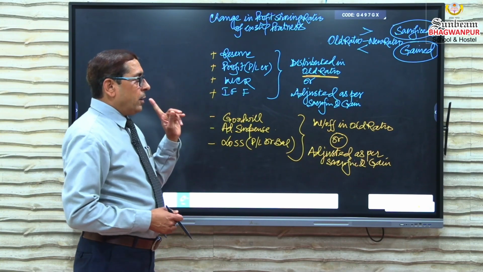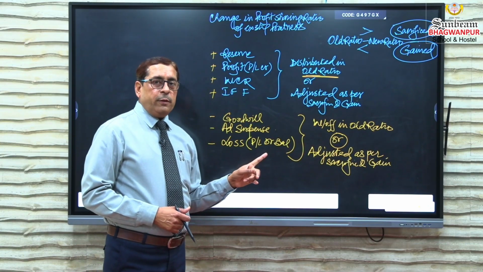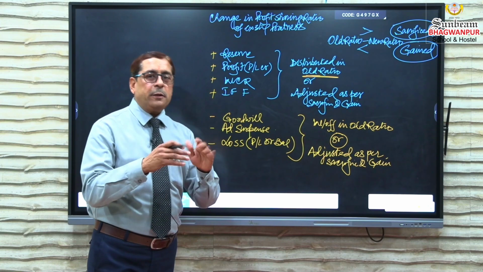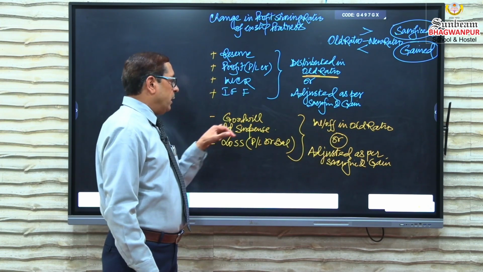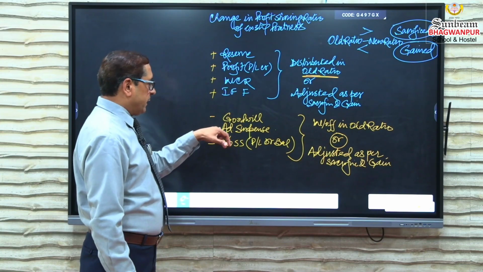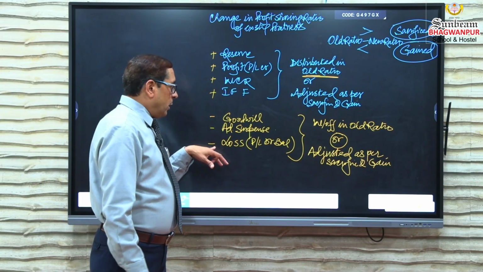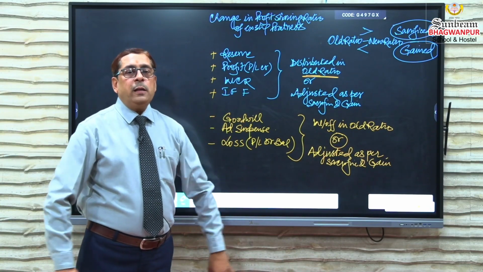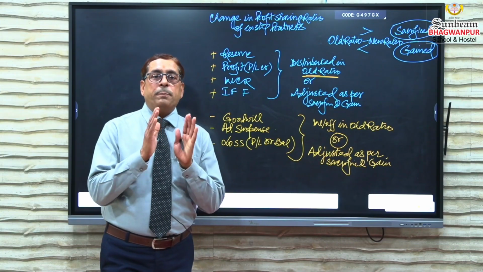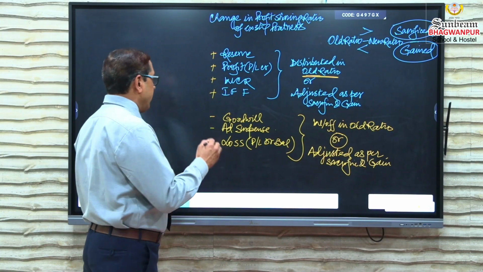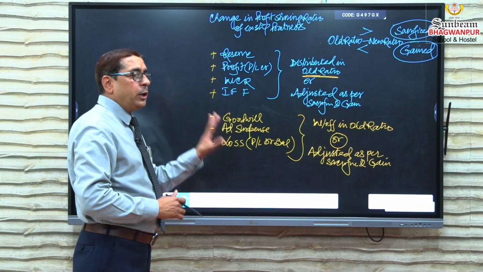Then A's capital account debit, B's capital account debit, I mean all partners' capital accounts debit, to goodwill, to advertisement suspense, that is also termed as deferred revenue expenditure in some books, to profit and loss. We are debiting the partners' capital accounts, so the partners' capital will decrease. That's why I am writing that they are the negative items.